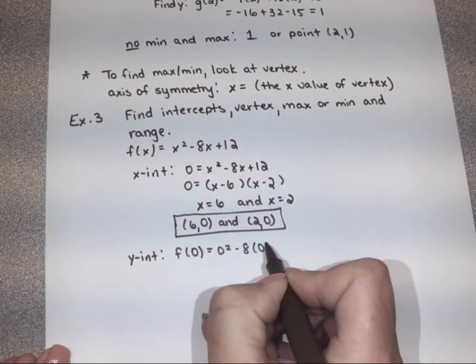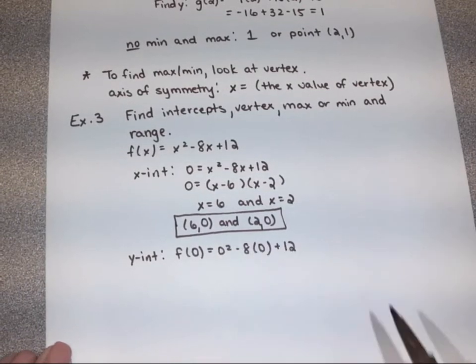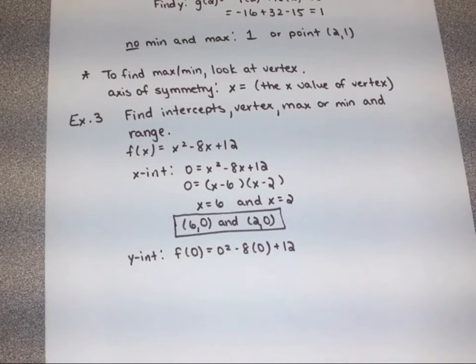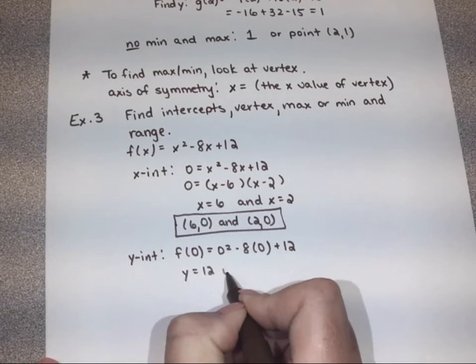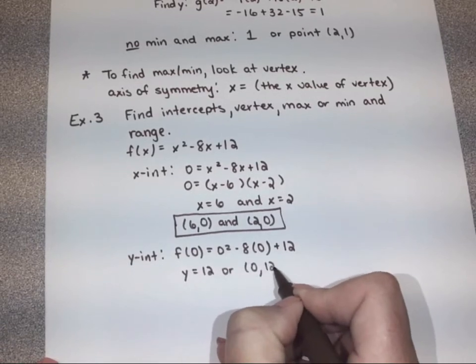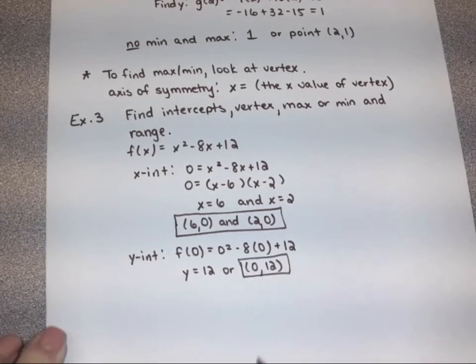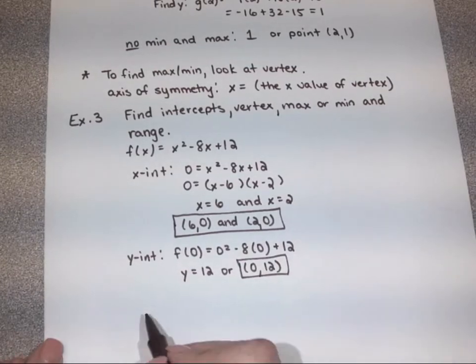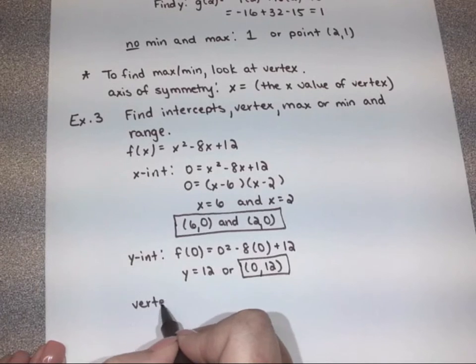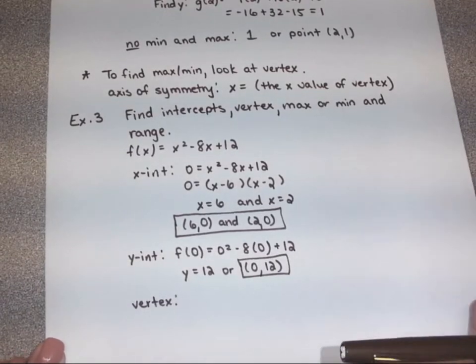Notice the y-intercept is always going to be just whatever the constant is, because the 0 being plugged in for x is going to cancel everything else out. So this would be y equals 12, or the point (0, 12). I'm going to circle this because that's likely how my math lab is going to request the information. Vertex, and then we're going to graph it off to the side.